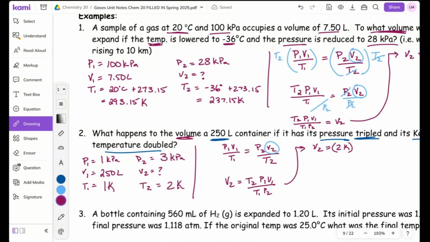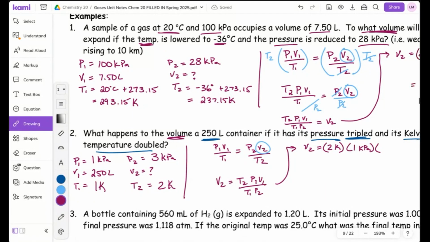Okay, and then P1, that was 1 kilopascal. V1, that was 250, divided by T1, so that was 1 Kelvin, times P2, which was 3 kilopascals.